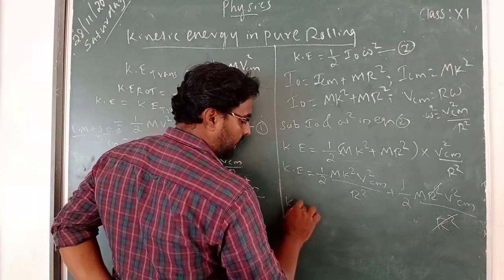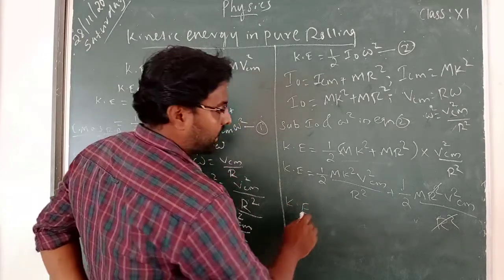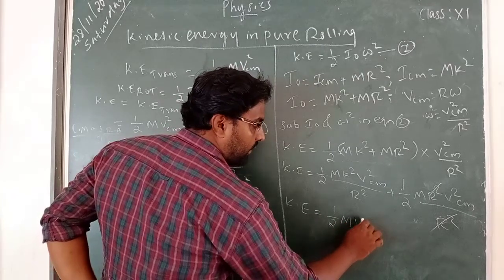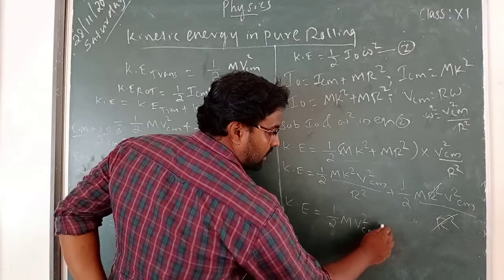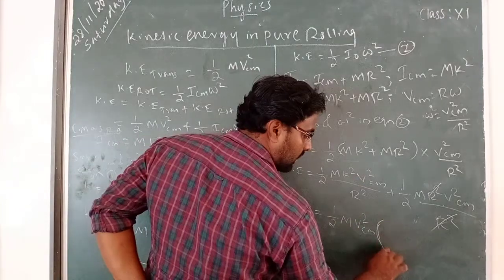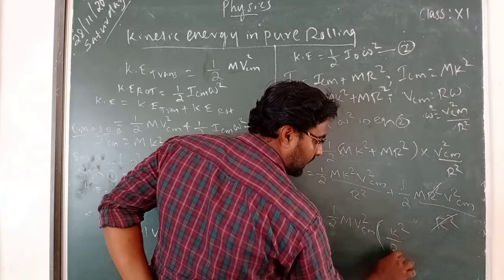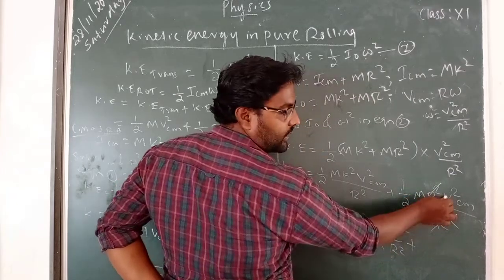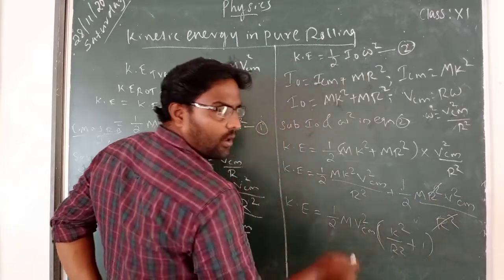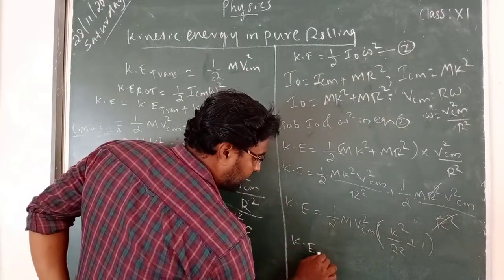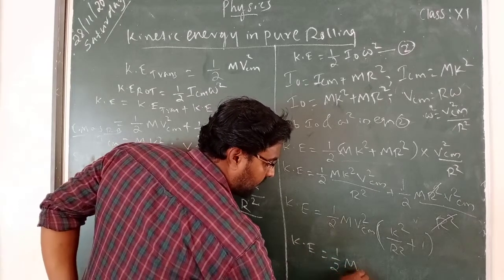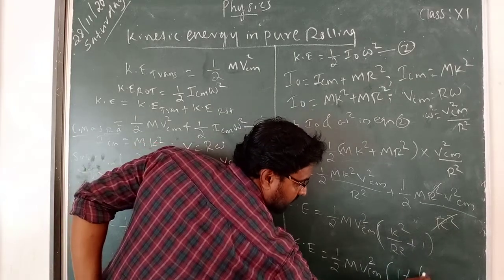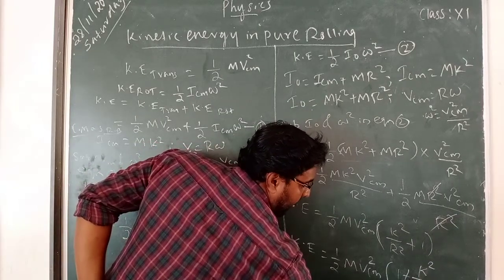Now take all the common terms outside. While taking all the common terms outside, what will come? Half is common, m is common, v square is common. Remaining inside: k square by r square, plus here r square cancels, half m v square taken outside, remaining 1. Rearrange and write down. Kinetic energy is equal to half m v square into 1 plus k square by r square.